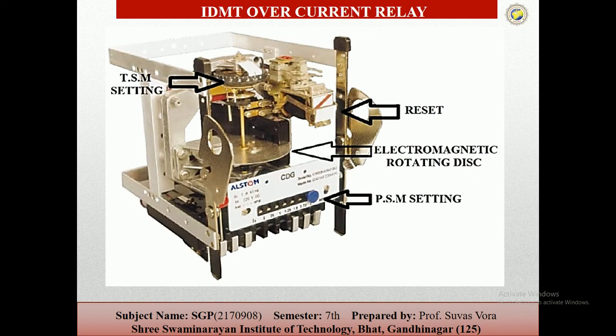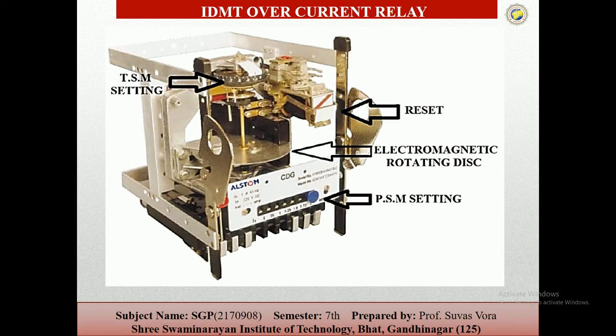So this one is the setting of the PSM. The number of active turns in the coil can be changed by inserting the plug at different points in the bridge. For example, the overcurrent relay should operate when the system current is 120%. Here in the plug setting it is 120% of the rated current.